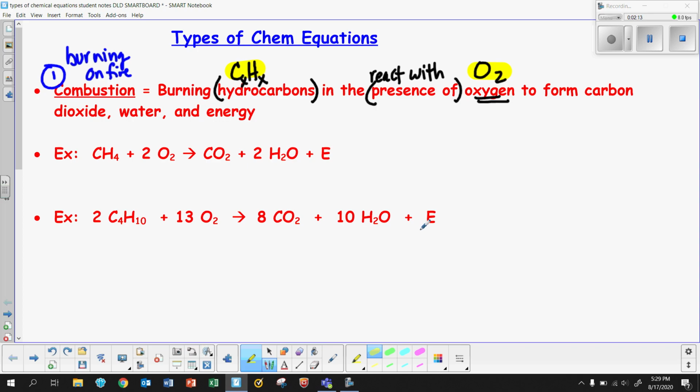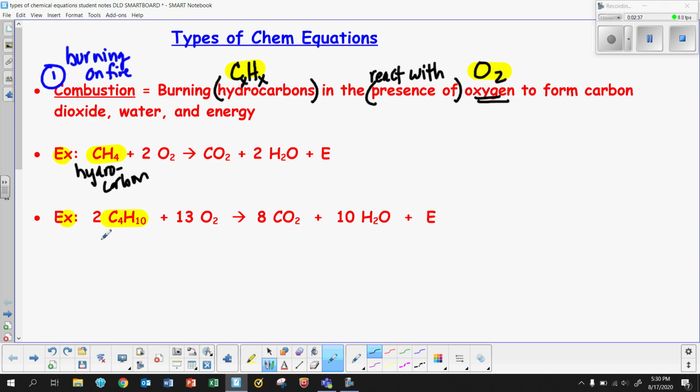So if you look at these two examples, we can see that we have a hydrocarbon here, something made of C and H, and a hydrocarbon here, another molecule made of C and H. And again, they're called hydrocarbons because they are made of carbon and hydrogen.